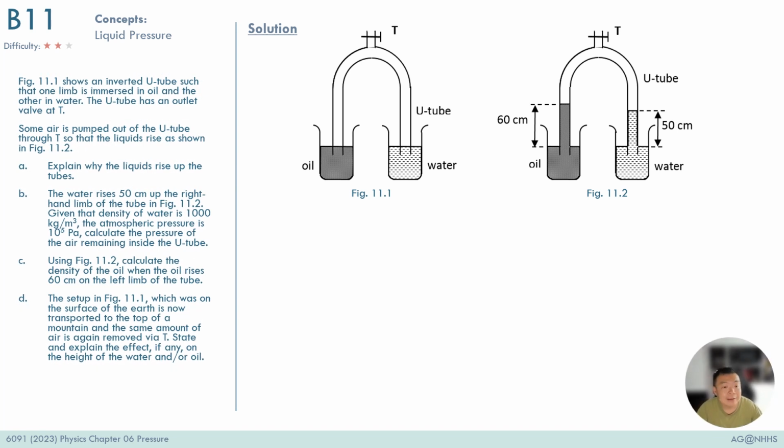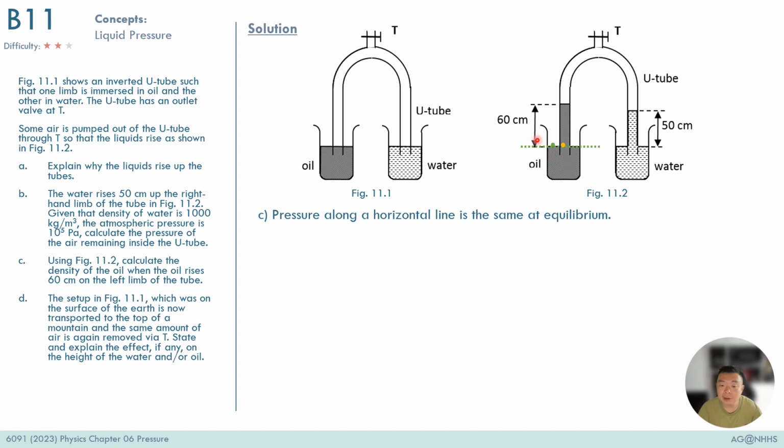In this part, you are to find the density of the oil, and you're told that the oil rises by 60 cm. We will use the same technique as in part B to solve this question. So again, we recall that along a horizontal line, all pressures along this horizontal line must be the same when the liquid is in equilibrium.